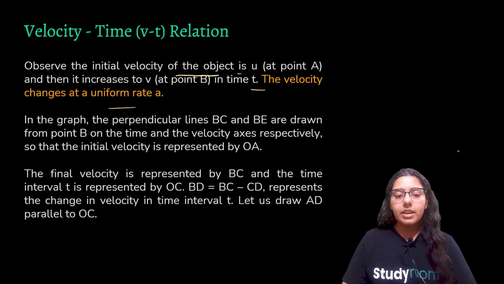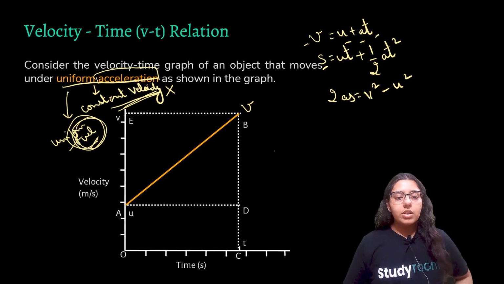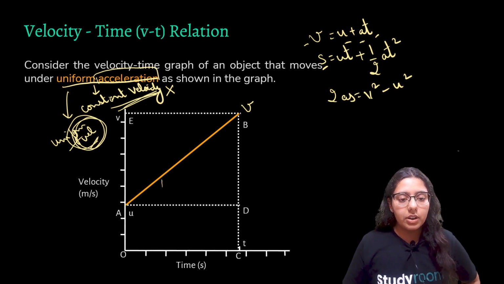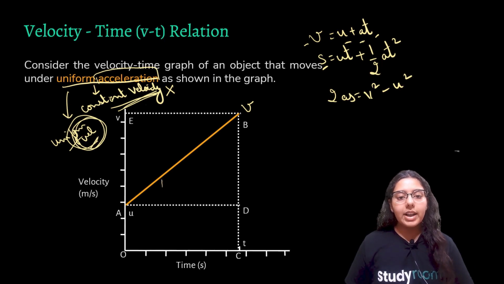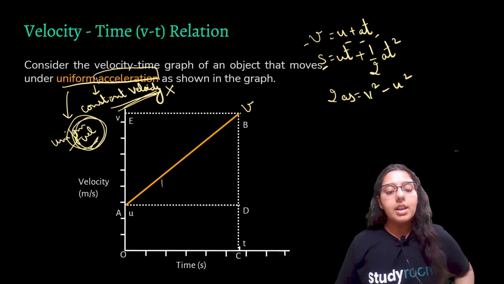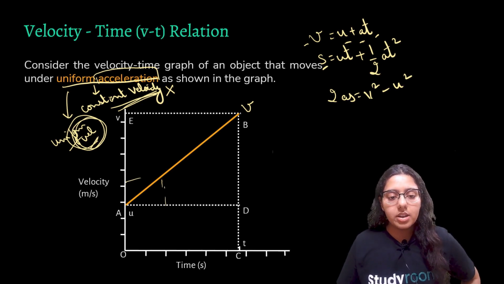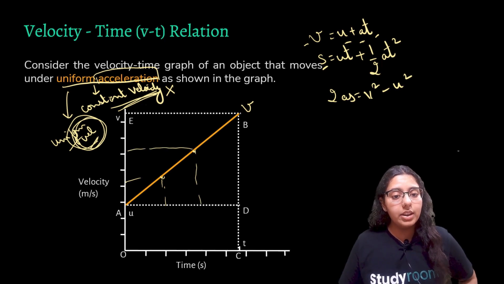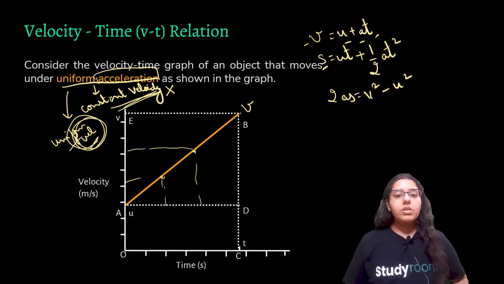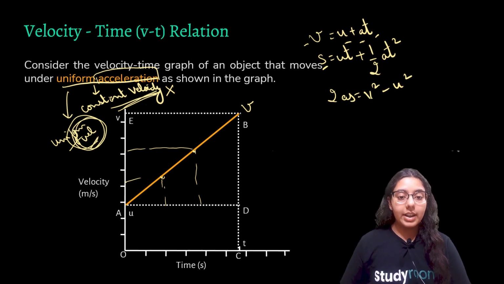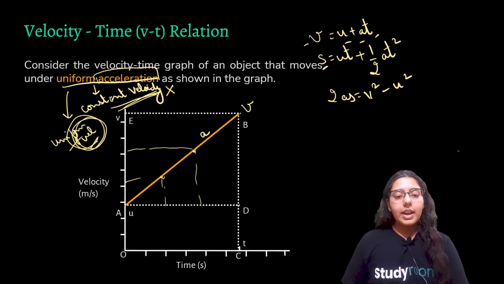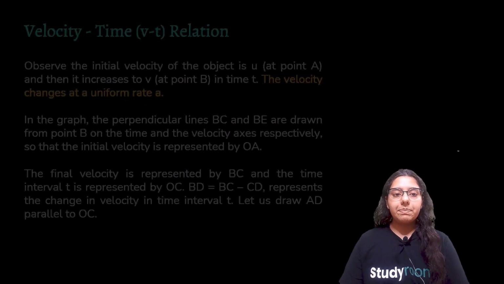The velocity changes at a uniform rate a. As you can see, it is a straight line, a linear graph, which means your velocity change is constant throughout. In the case of uniform acceleration, your velocity is increasing with time, but in equal amounts in equal intervals of time.